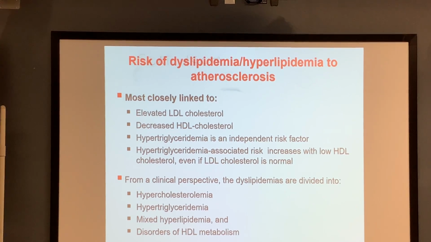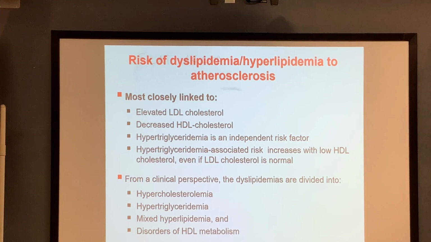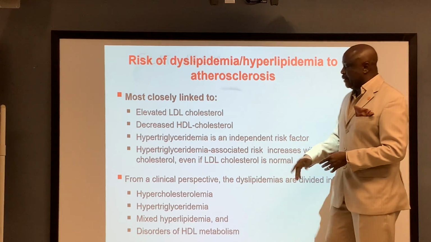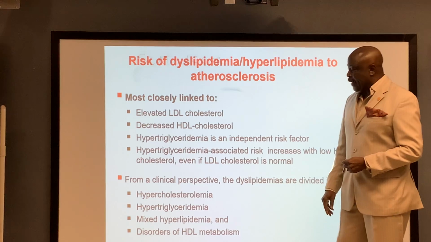When you look clinically, you can divide dyslipidemias into 4 types. There's hypercholesterolemia, which we're mentioning, hypertriglyceridemia, and mixed hyperlipidemia. When you have mixed hyperlipidemia, it means there's high cholesterol and high triglycerides.